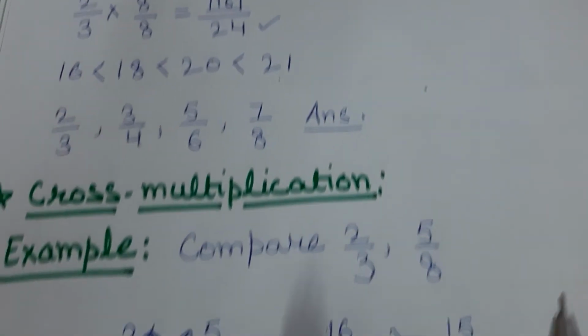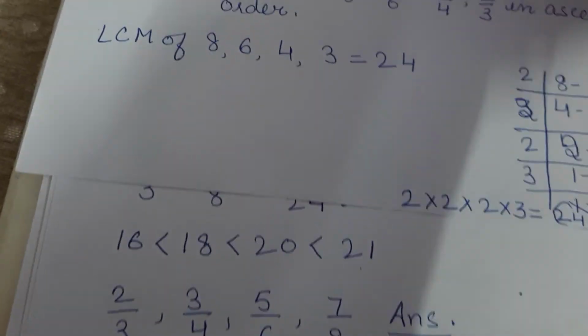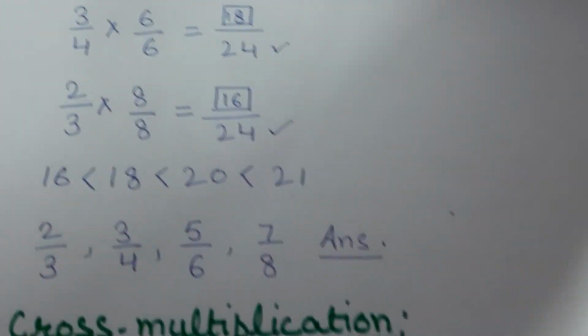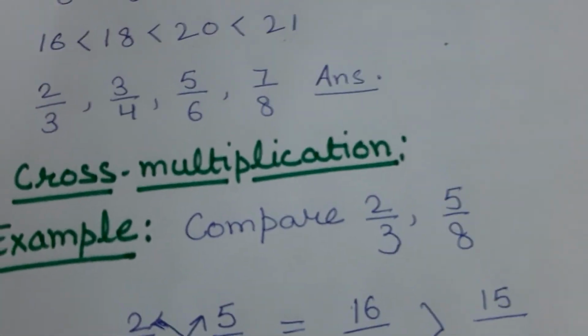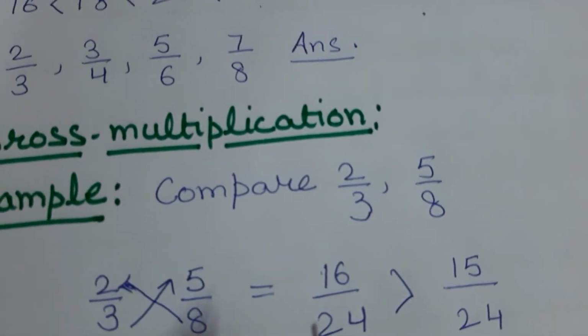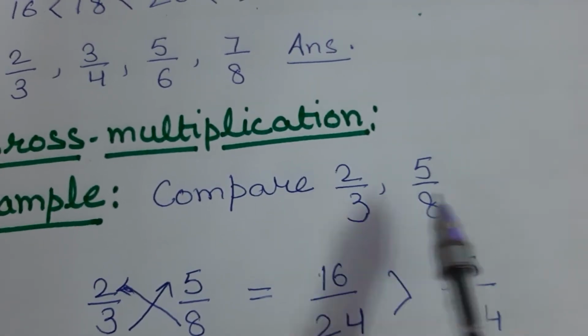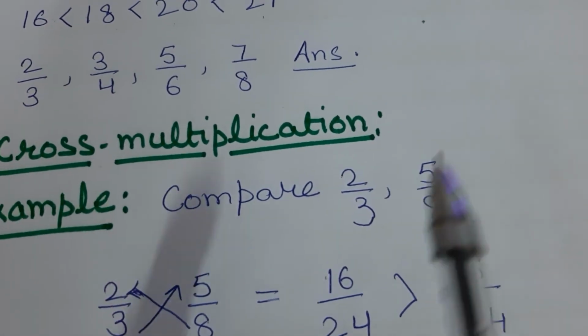One more thing I want to discuss here, that when comparison is between two fractions only, then we have one shortcut method. Then there is no need to find LCM. So suppose these two fractions are given, these two are unlike, their denominators and numerators both are different.